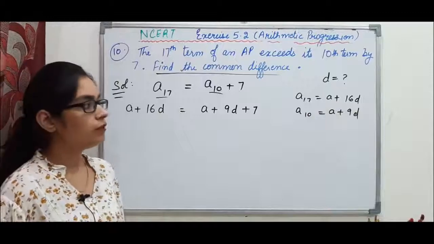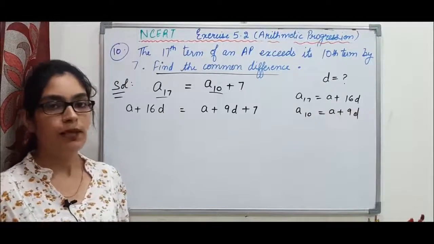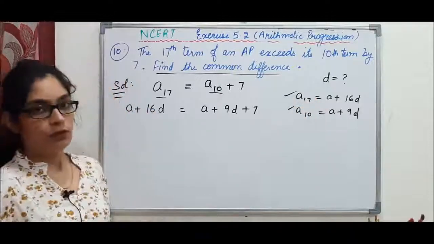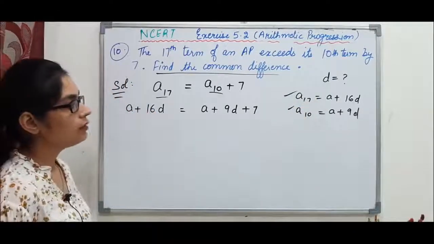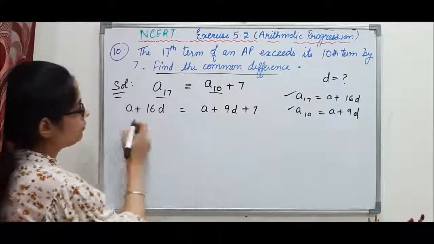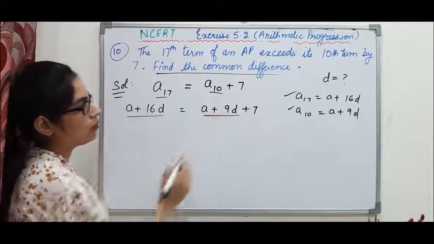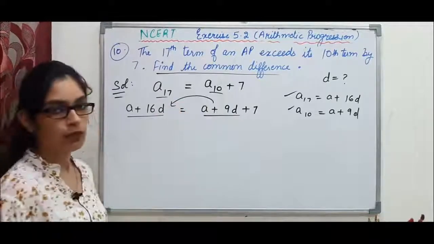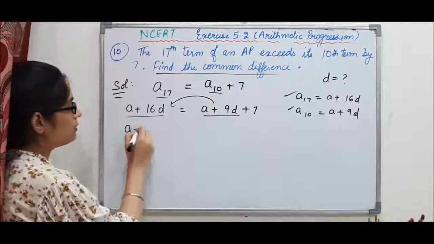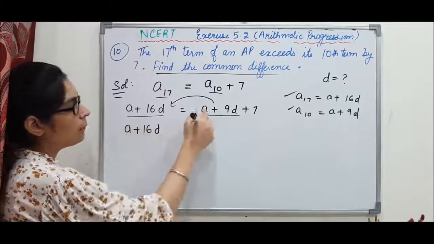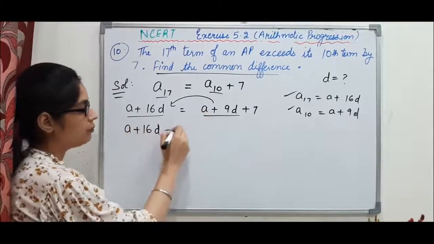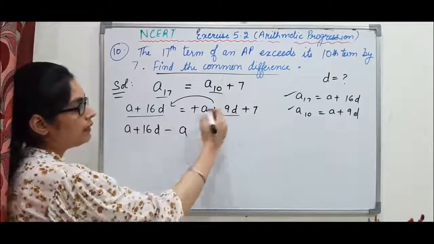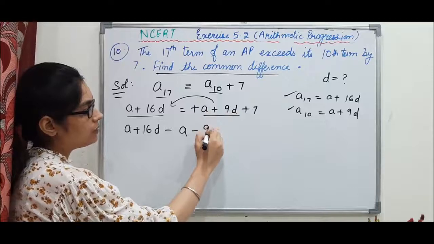Formula of the terms, from that also you can do, An is equal to a plus n minus 1 d. So, from there itself you can get, or direct also we have learnt. So, I have just written the formulas. Now, these are a and d terms, these are also. So, like terms we can shift on same side. So, these two I will shift on this side. a plus 16d as it is I will write, plus a, when I shifted this side it will be changed to minus a. This is plus only. Plus 9d, when I shift to this side it will be changed to minus 9d.